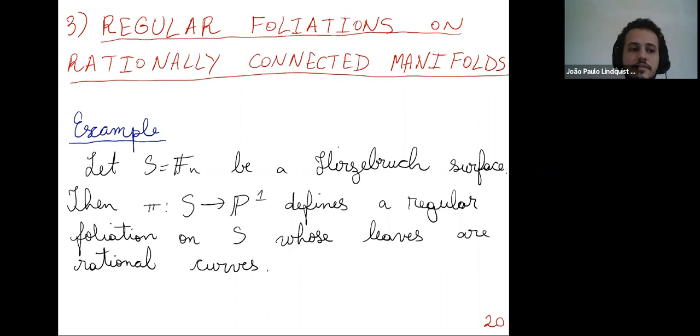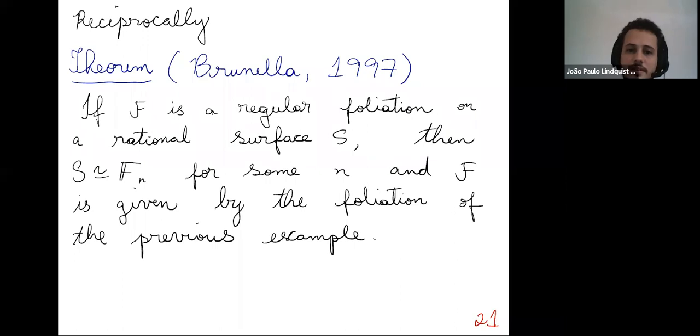And this is a regular foliation, and the leaves are rational. The reciprocal of this is true as well. More generally, if you take any regular foliation on a rational surface, this foliation will be algebraically integrable with rational leaves.